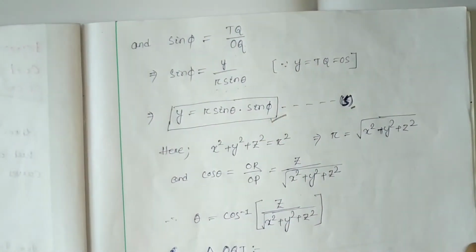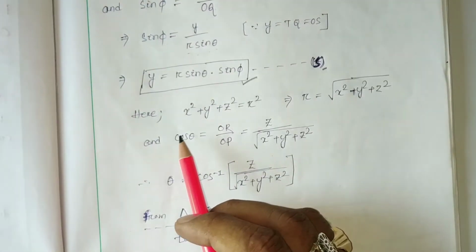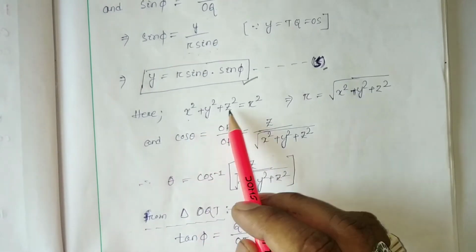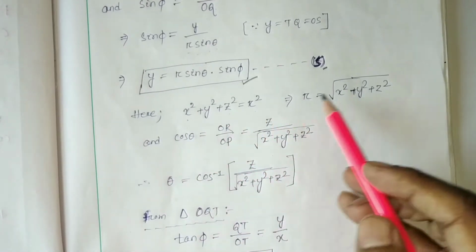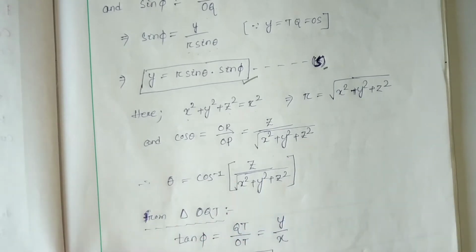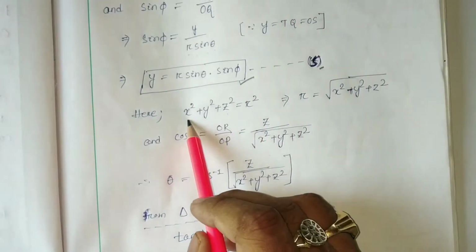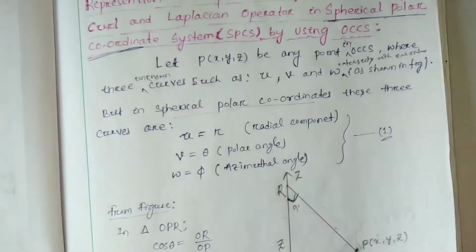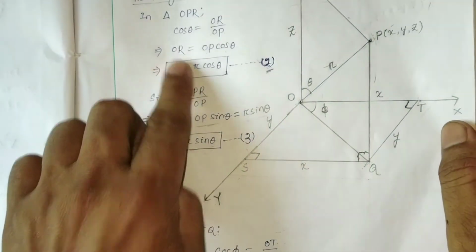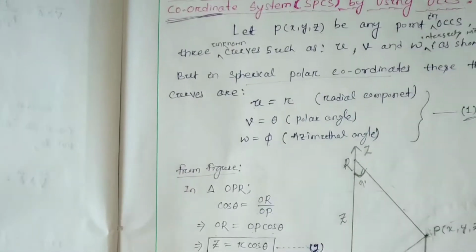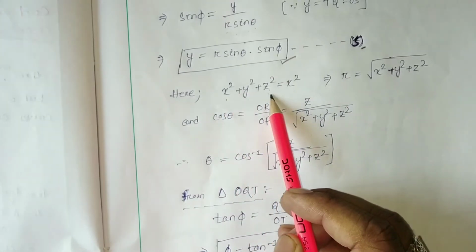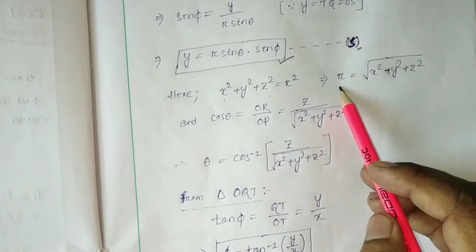So obviously we know that if we are going to consider the sphere, then x square plus y square plus z square equal to r square. And if I am going to substitute the x value, y value, z value we previously found, I will get r square, and r is nothing but the root over this.